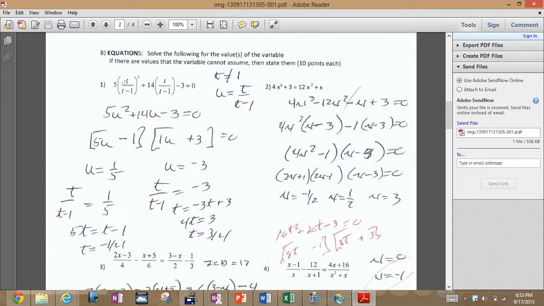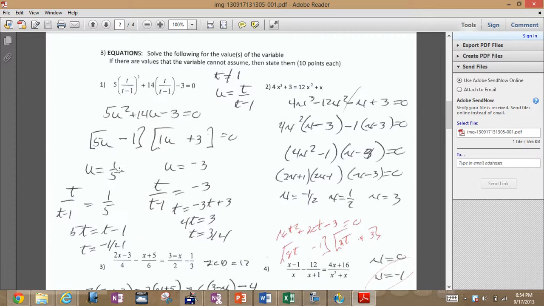Here. This equation set is the tone set for that is U substitution. Of course, it is also a fractional expression, so you got to identify what you cannot let the variable be, namely 1. By letting this parenthesis expression, this t over t minus 1 be U, it then is quadratic, and it's easily factorable.